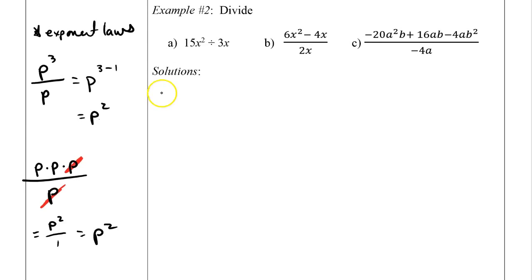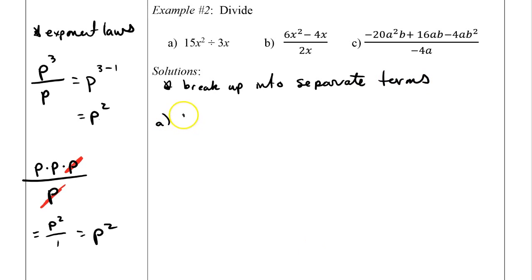So I want us to remember to break up into separate terms. So a 15x squared divided by 3x. Now before, in the last lesson, we would have just had the 3 and not the x, but what happens when we do this?